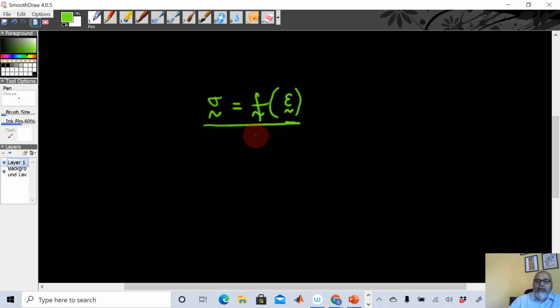Not only that, we will assume that the stress depends linearly on the strain, which means that every component of stress, sigma ij, is dependent on every other component of strain, which means we can write this as something like this, where kl is a repeated index, and when you write it out, you will see that every component of strain will appear on the right hand side, and these are constants.